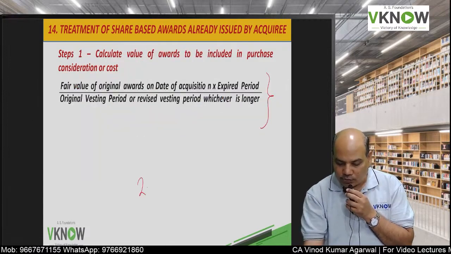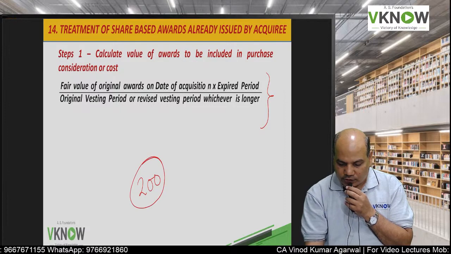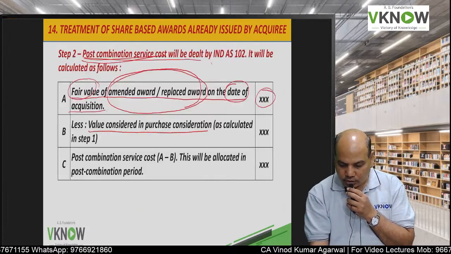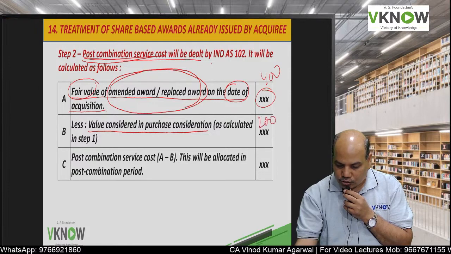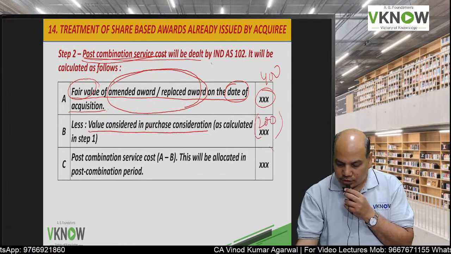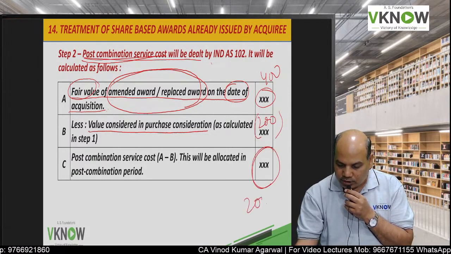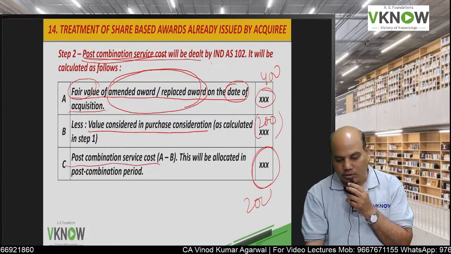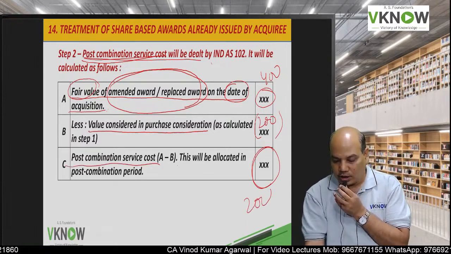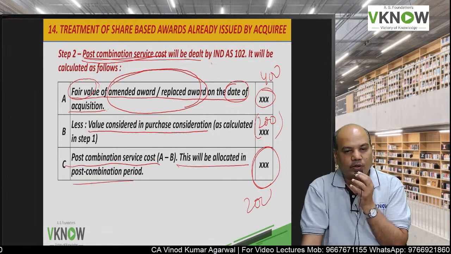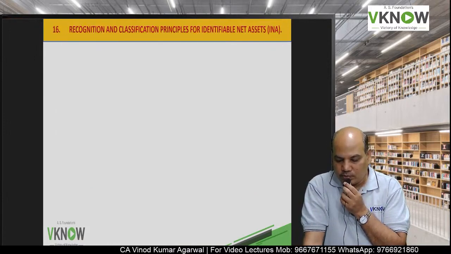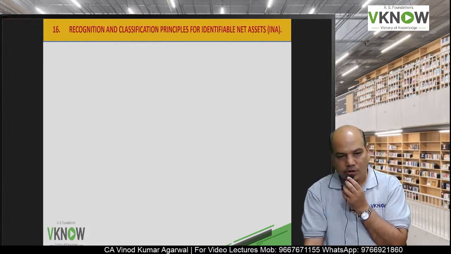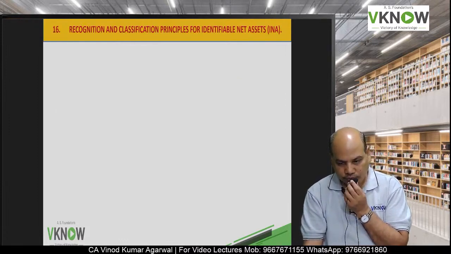If this formula gives you an answer of 200 rupees for example, suppose 400 minus 200 already considered, the remaining 200 will be treated as post combination service cost, and it will be allocated over the remaining vesting period in the post combination period. So that was about SBP award.